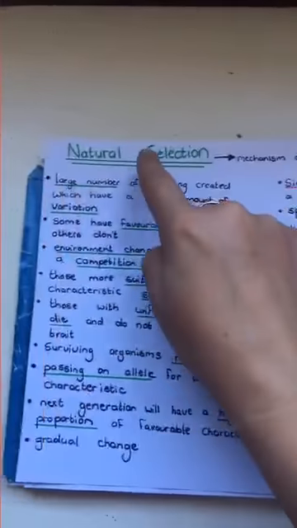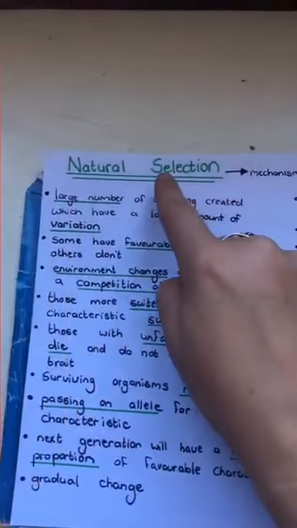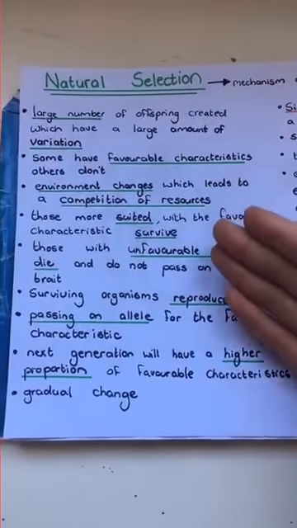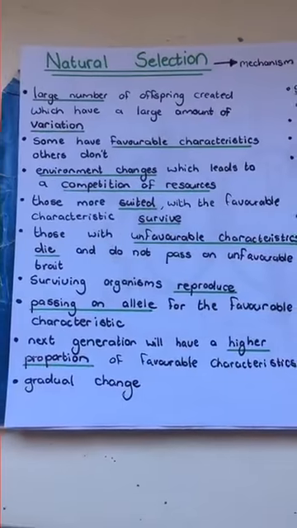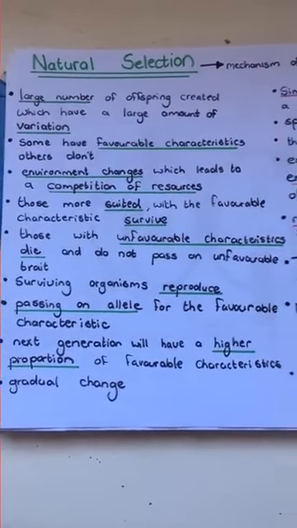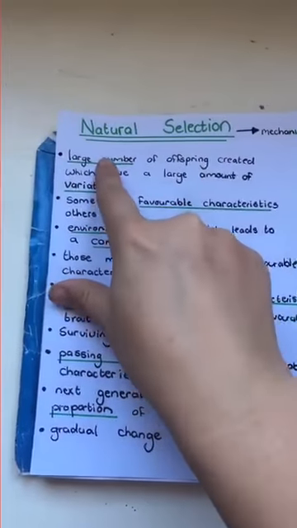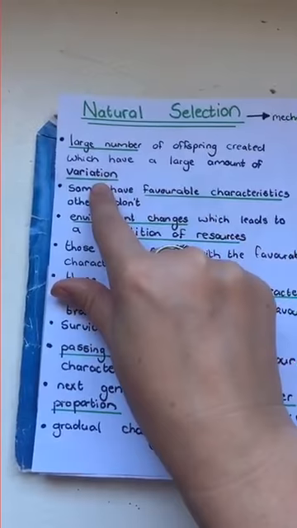So natural selection versus speciation. Natural selection is a mechanism of speciation. You can't make a new species without this tool. So what I've done here is I have quickly jotted down what the most important things are, and essentially what you need to write in an essay or in a paragraph question. The underlined things are your keywords. There's a large number of offspring. They have variation.